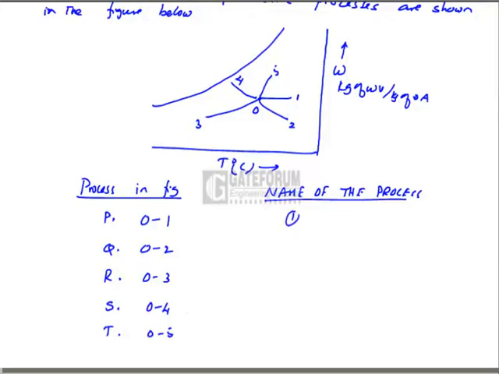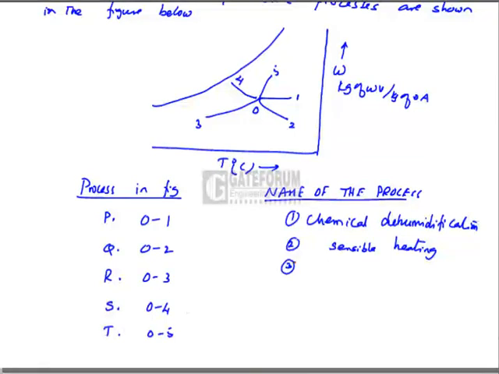Right side, number 1, chemical dehumidification process. Number 2, sensible heating. Number 3, cooling and dehumidification.